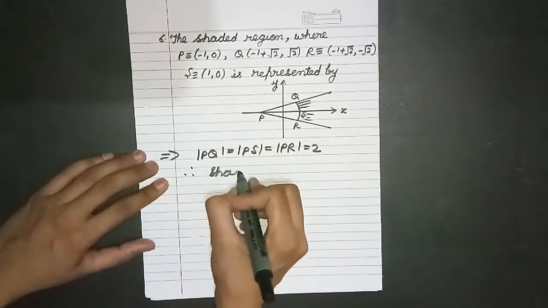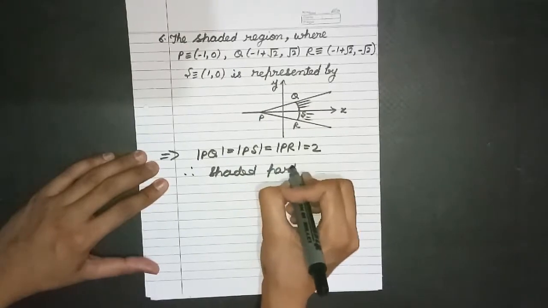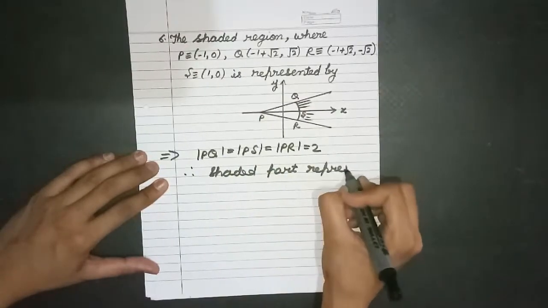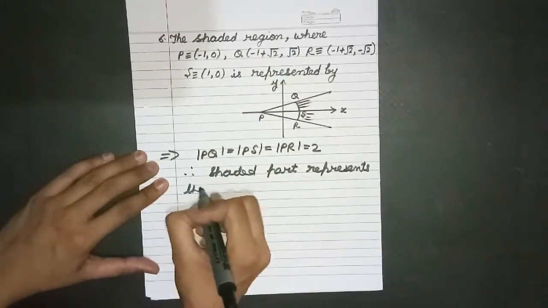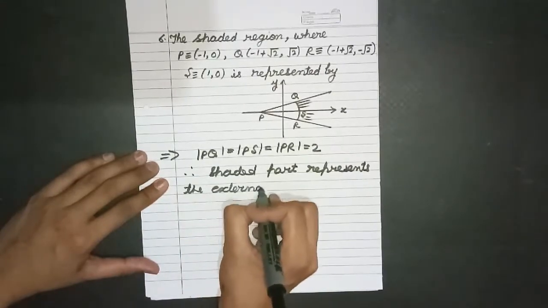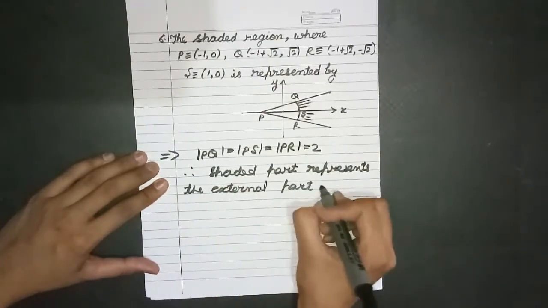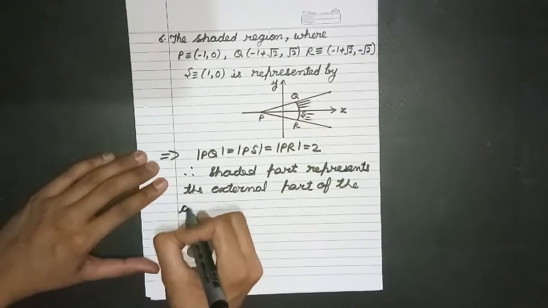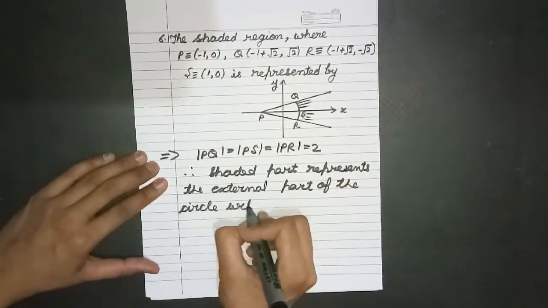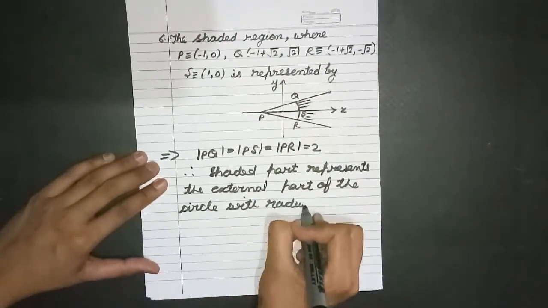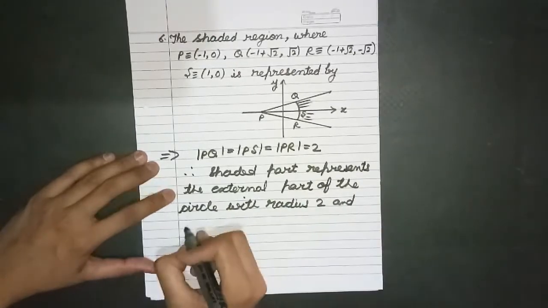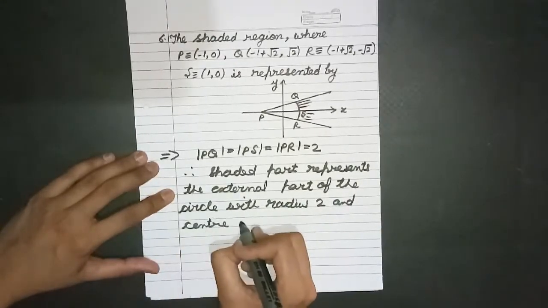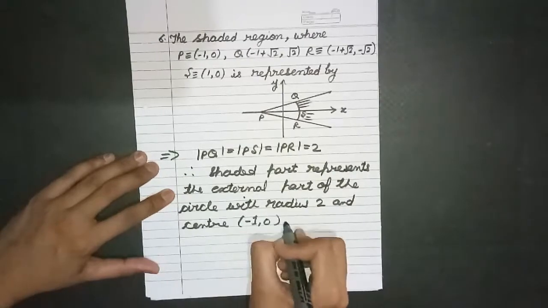Now the shaded part represents the external part of a circle with radius 2 and center (minus 1, 0). So from the picture you can see the point P is (minus 1, 0), which is the center, and you know from P to S, P to Q and P to R the distance is 2, which is the radius, right?